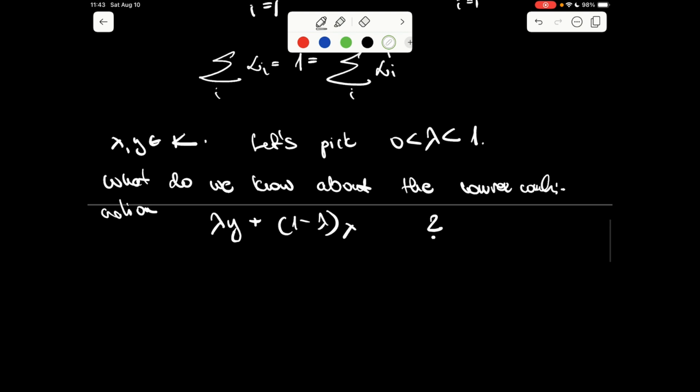Let's expand the expression. So instead of y and x, we will use the convex combinations.